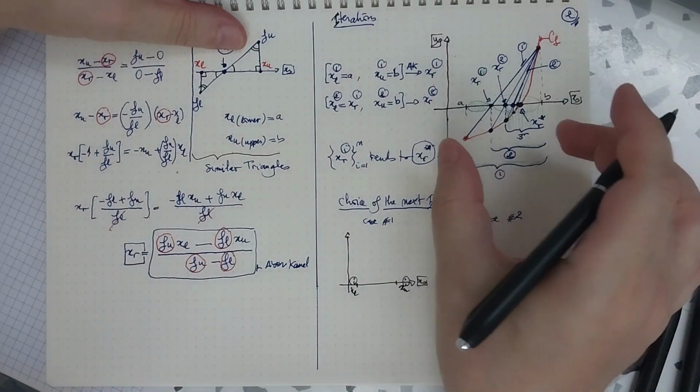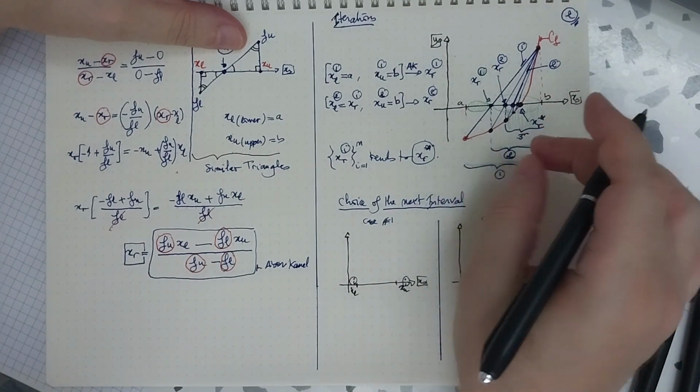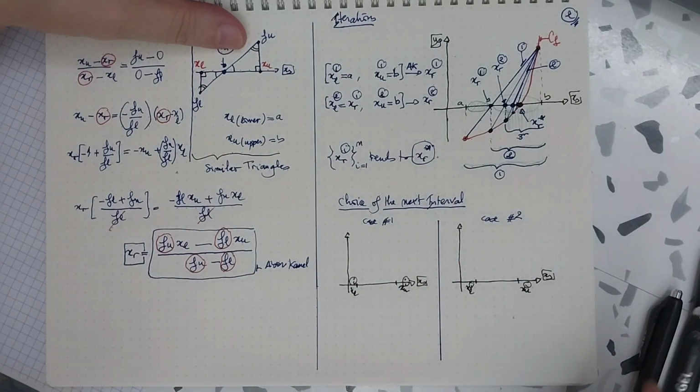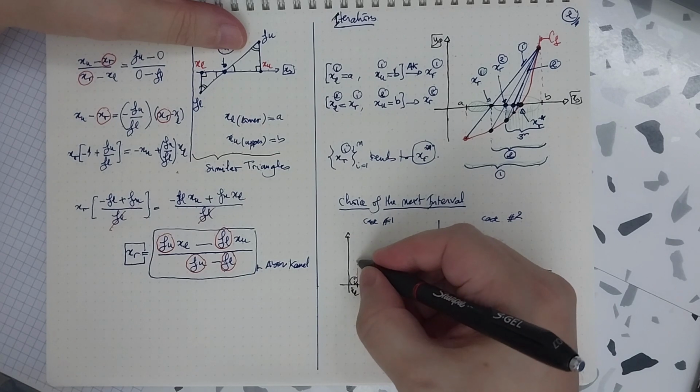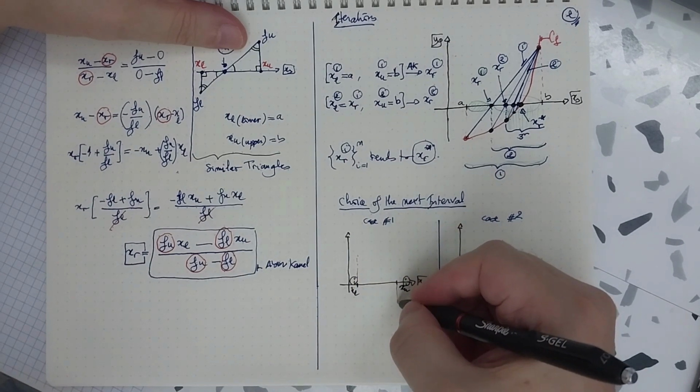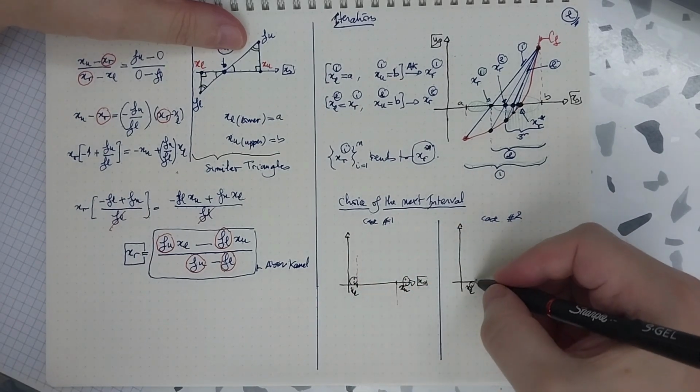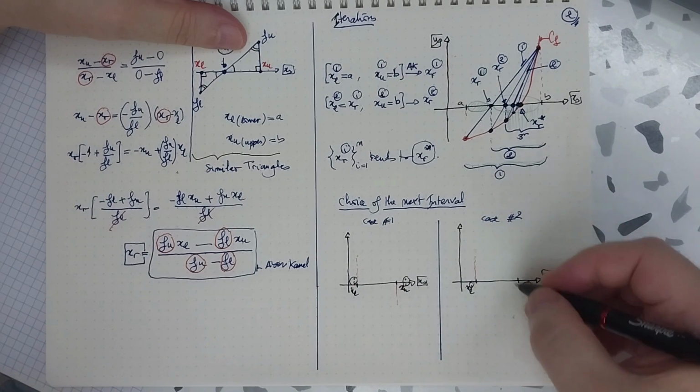So we are at a given interval, the first, the second, anyone. And in this interval, we have the image. We have also here the image.